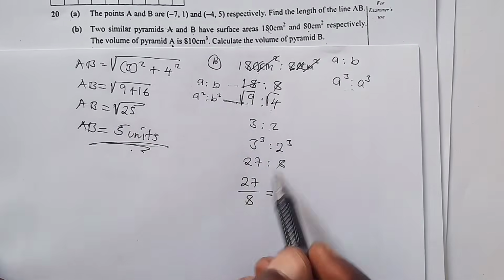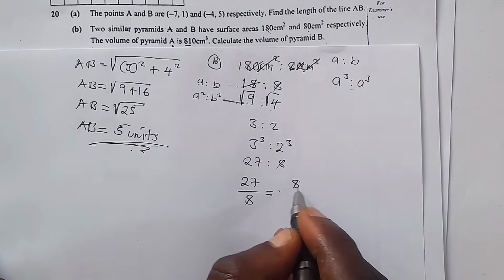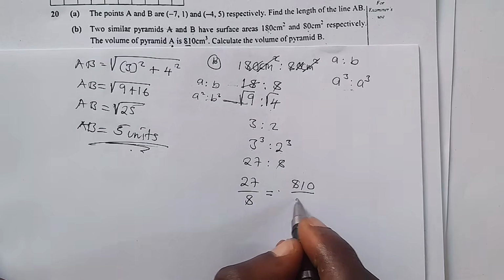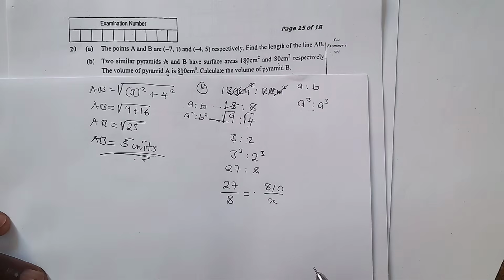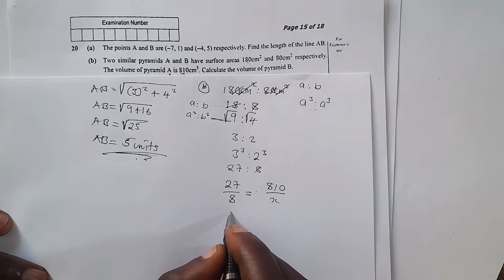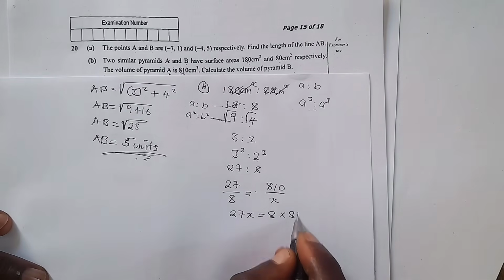Even here, when it comes to volume, we start with 810 on top, then down, let's put an x. Cross multiply. Remember our motto, do not actually multiply, just show that we're multiplying. So this will be 27 times x equals 8 times 810.